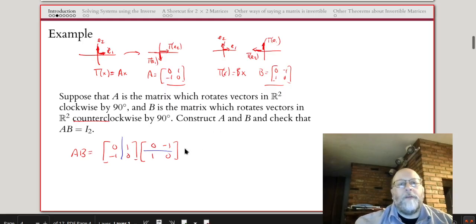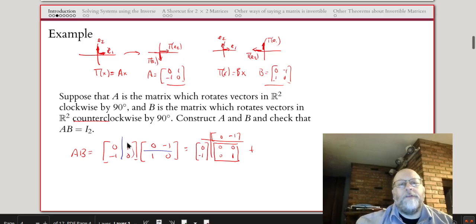So that's going to give us the first column, 0, -1, pairs up with the first row. When we multiply these together, 0 times 0 is 0, 0 times -1 is 0, -1 times 0 is 0, -1 times -1 is 1. And so there's our first part.